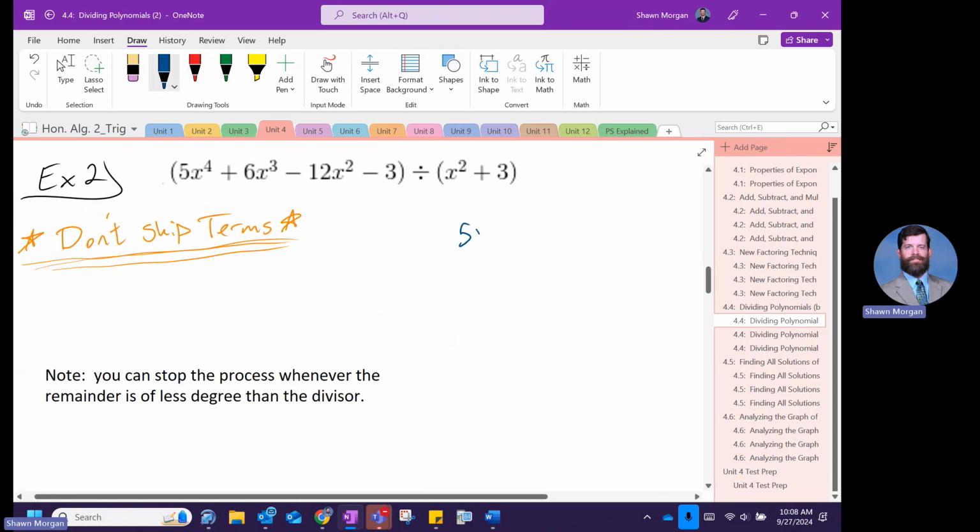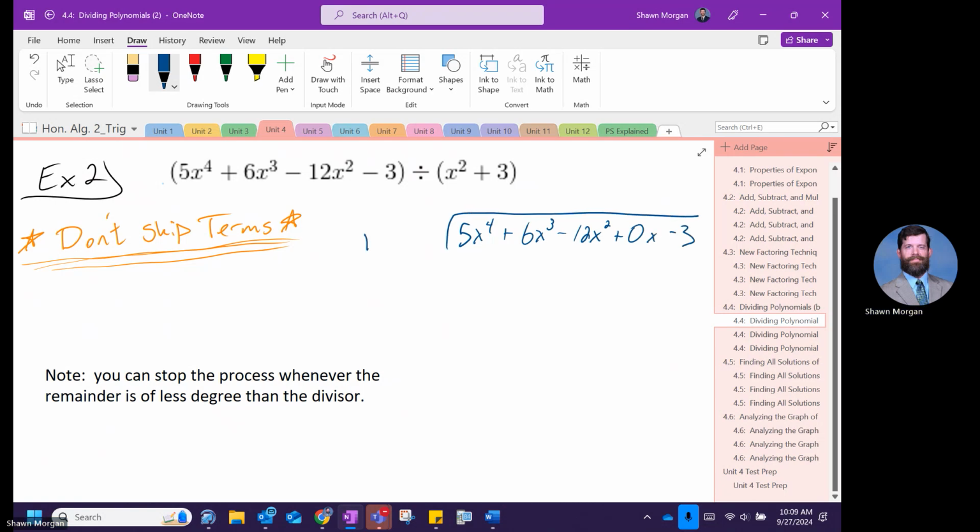So we got 5x to the 4th, 6x to the 3rd, 12x squared, 0x minus 3, and x squared plus 0x plus 3. Notice I wrote my 0 placeholder in both spots. Do not skip terms. Put a 0 placeholder in, and life will be much better.